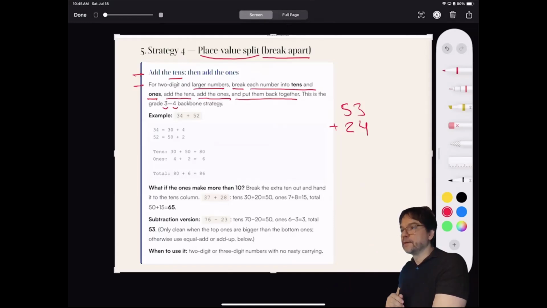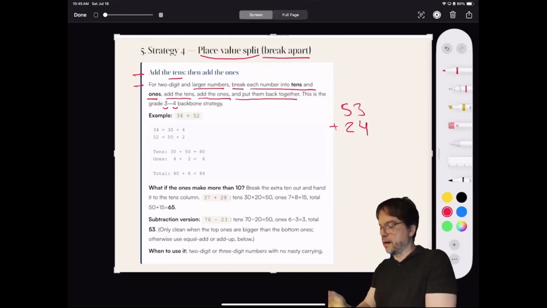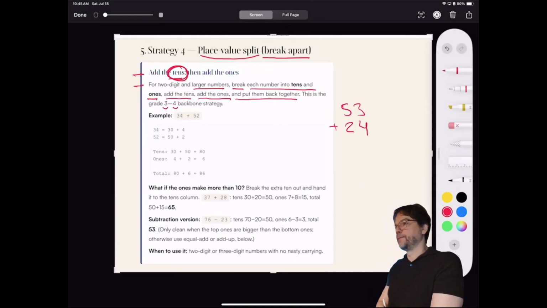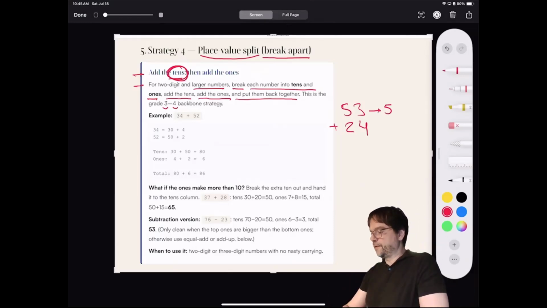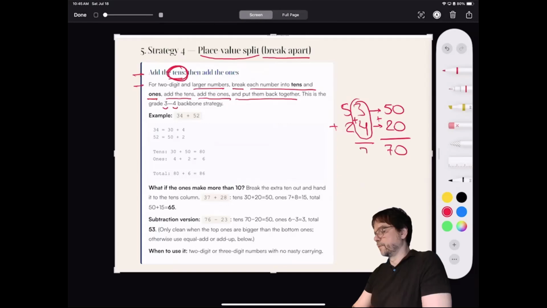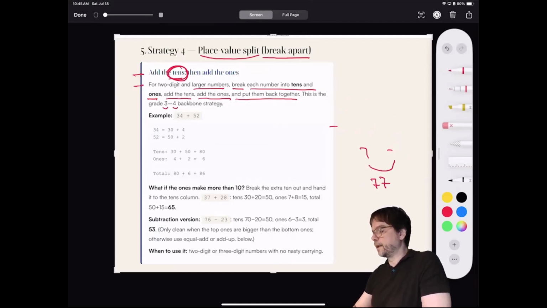No, I told you to start with the tens. So you're gonna do 50 plus 20. How much is 50 plus 20? Then you do 3 plus 4. How much is 3 plus 4? So the number is 77. Is that okay? Let's try again.